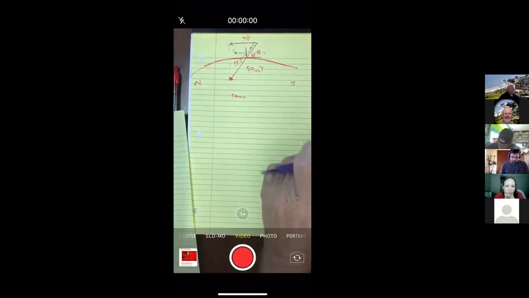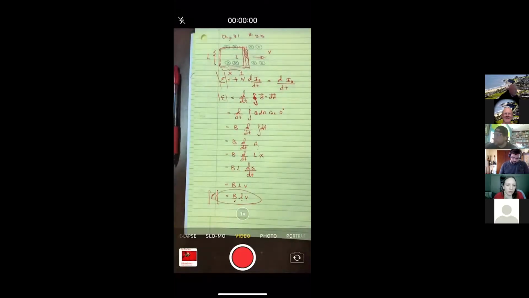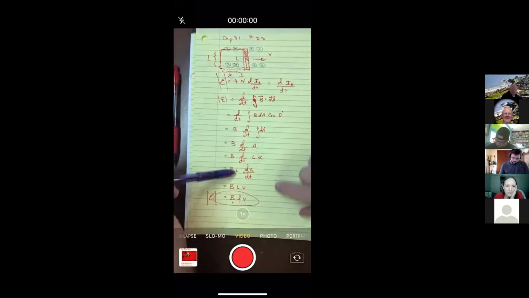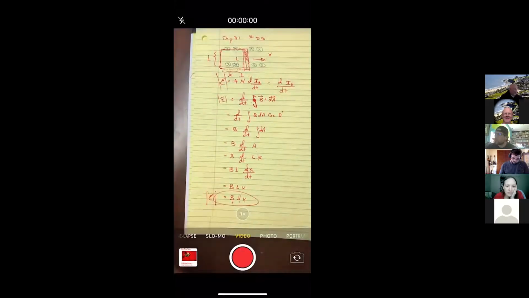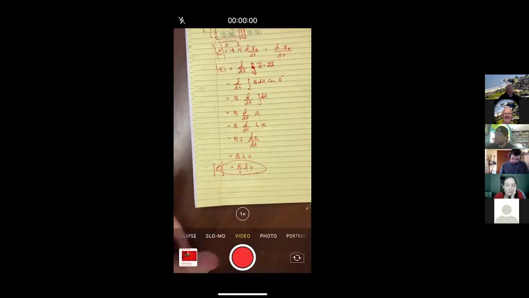That's why I took the extra time to say we should go through a review of the motional EMF. I know I did it, and I know the book did it, but like any of these tough disciplines, it doesn't make sense the first time. You've got to see it a couple of times.